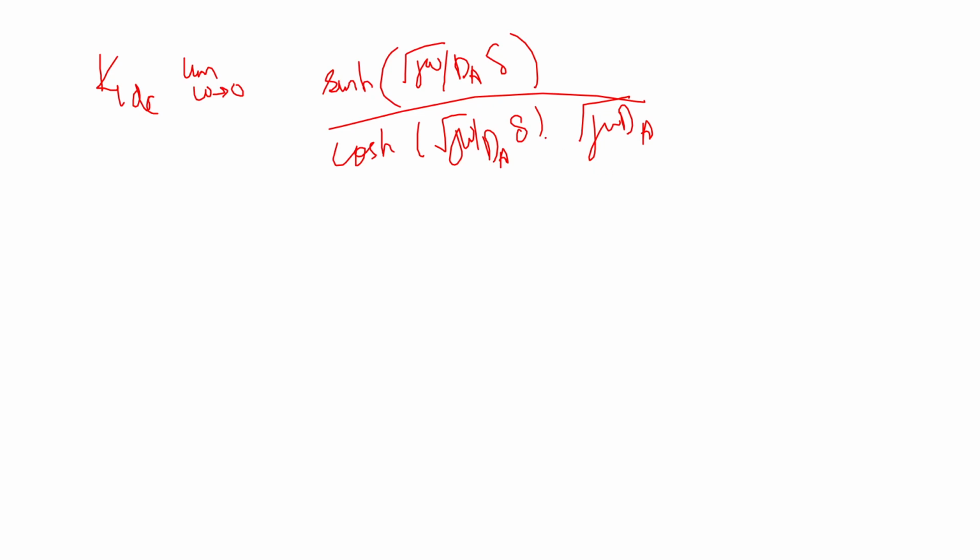Yeah, so now what I'm doing is, you can see this root of j omega by dA into del. But what I have over here as a constant is root of j omega dA. So what I'm doing is I'm multiplying by dA, and I'm also dividing by dA.